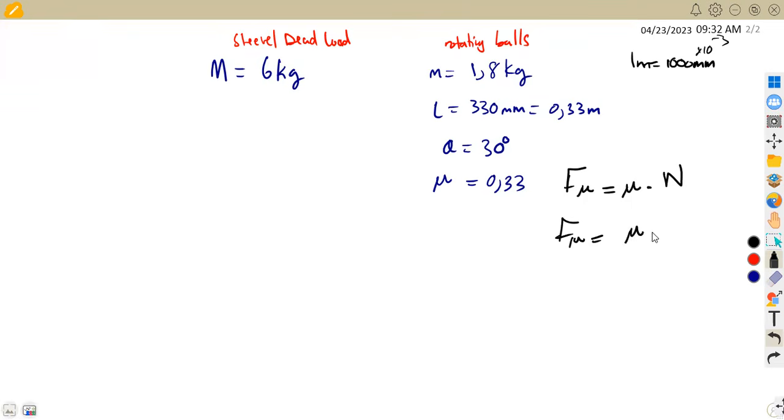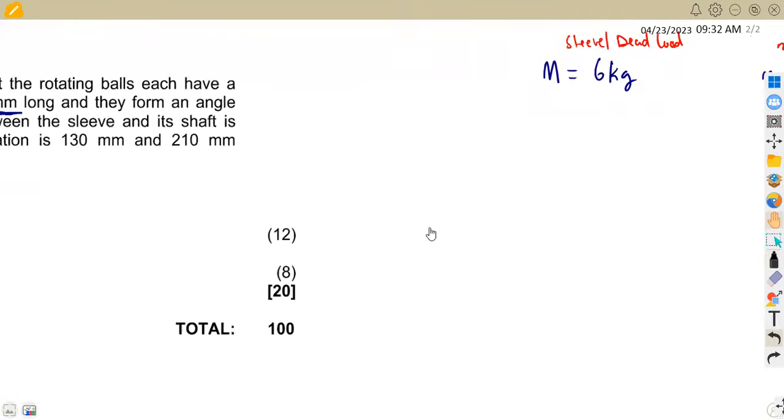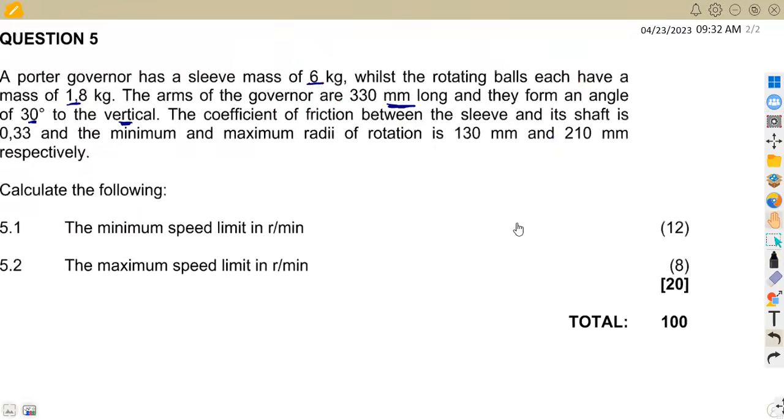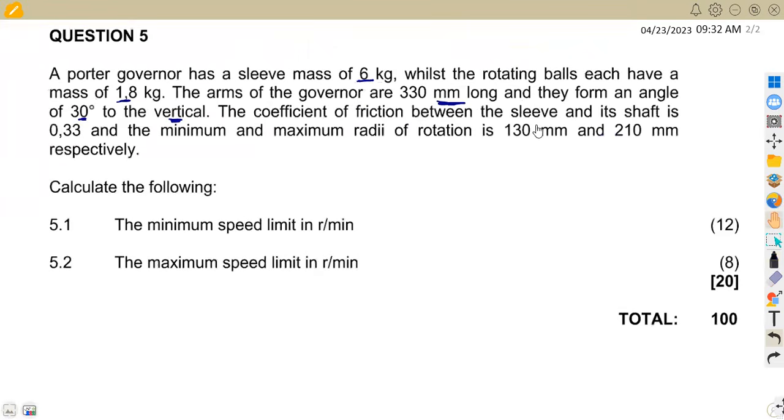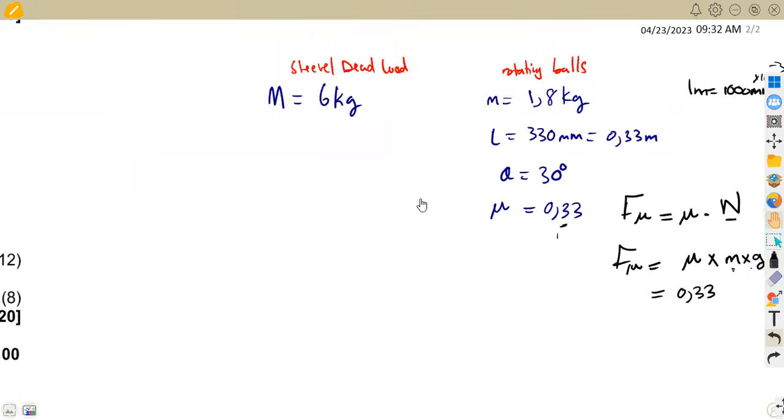So you're going to have 0.33 for the coefficient of friction times the mass we are using. We are given the coefficient between the sleeve, which means we are working with the mass of the sleeve in this case.